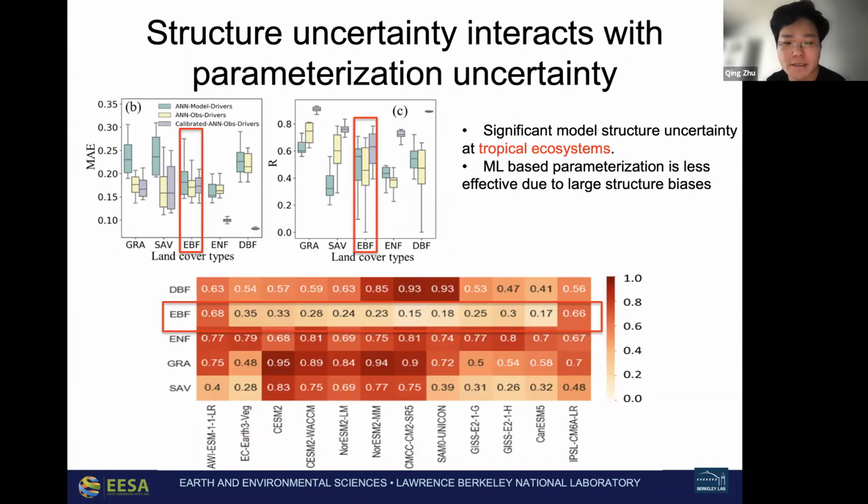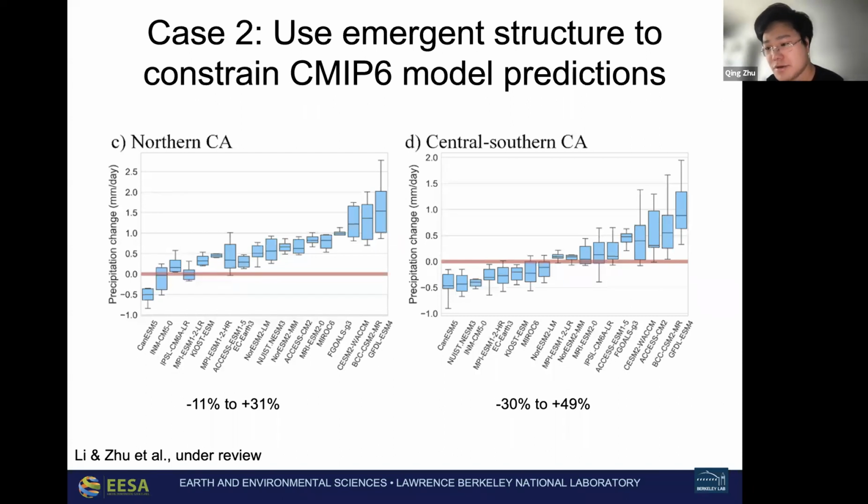And then the second case, we ask, can we actually use those network or the causal structure to reduce the model future projection uncertainties? So the second case is about California precipitation. And here are CMIP6 model projections, the precipitation change under the high emission scenario. And we divide into northern and central southern parts because the dominant source of precipitation and the mechanisms are totally different.